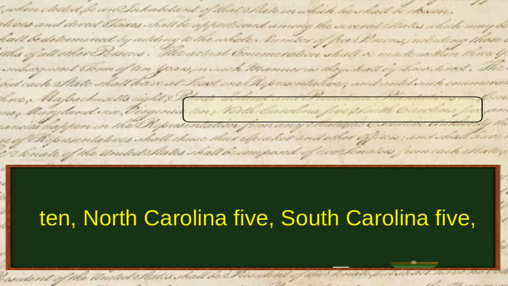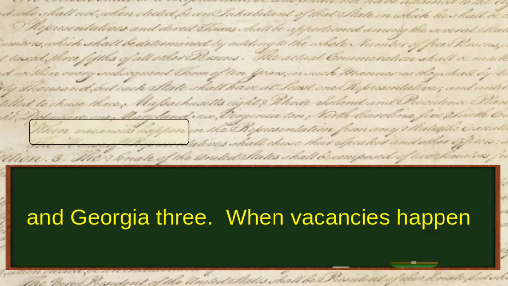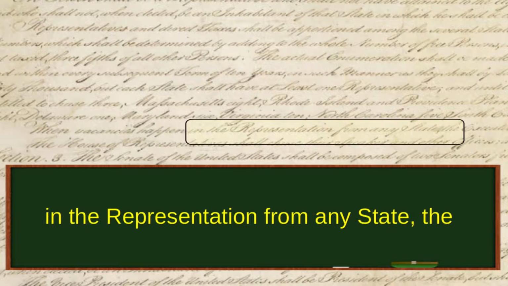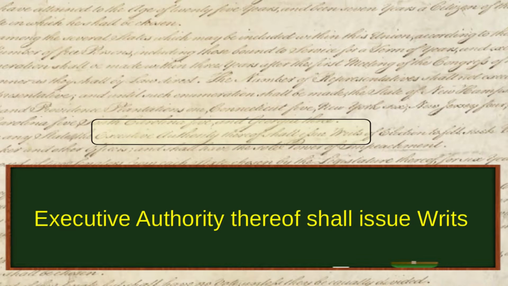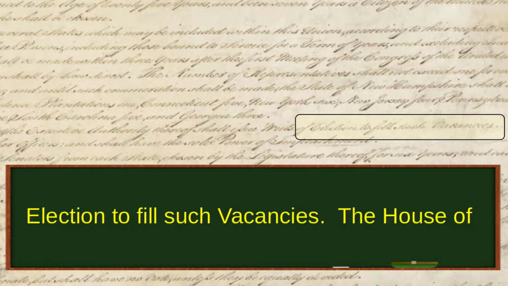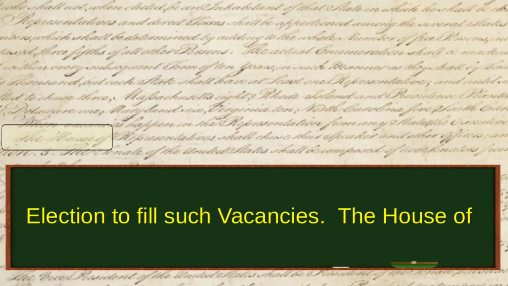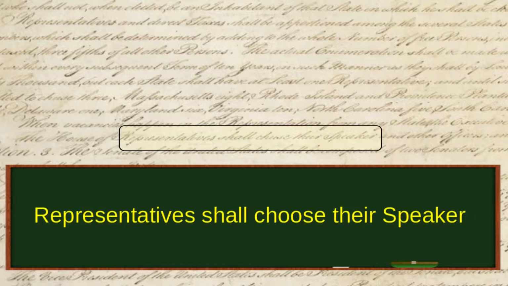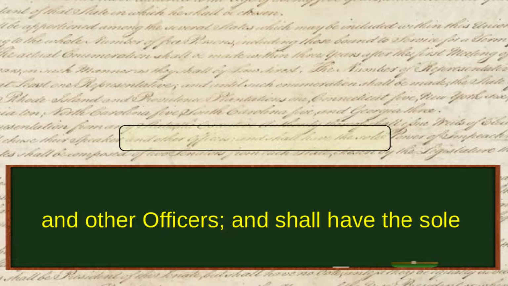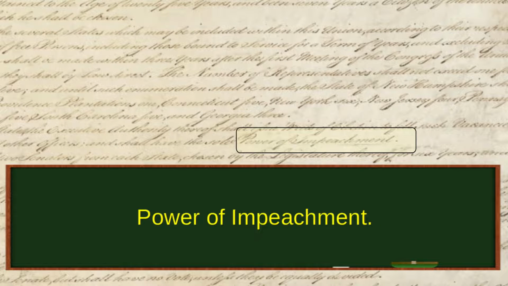North Carolina, 5. South Carolina, 5. And Georgia, 3. When vacancies happen in the representation from any state, the executive authority thereof shall issue writs of election to fill such vacancies. The House of Representatives shall choose their Speaker and other officers, and shall have the sole power of impeachment.